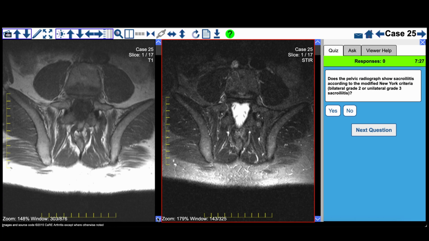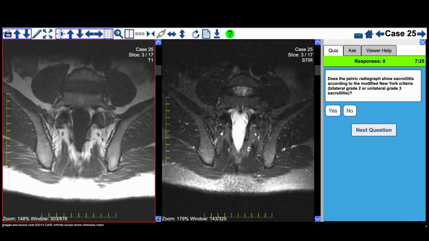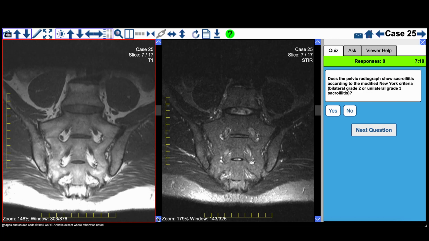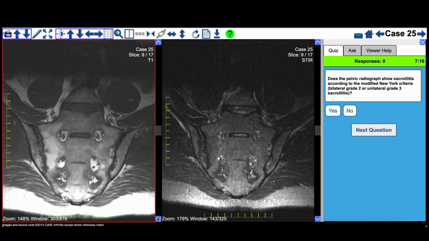So he actually, in many jurisdictions around the world, would be eligible for expensive biological therapies. And we have to make a determination based on his imaging if he should be treated with a biological therapy. Does he have axial spondyloarthritis?